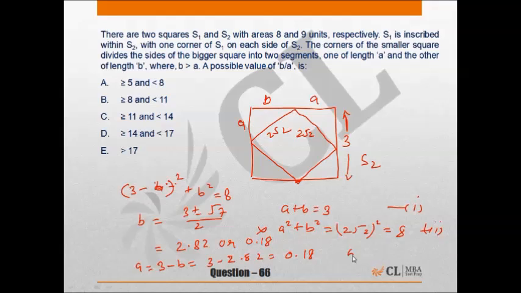Therefore the ratio of B by A will be equal to 2.82 upon 0.18, which is approximately equal to 15.7, and this quantity lies in the range given in option D, which is greater than or equal to 14 but less than 17.